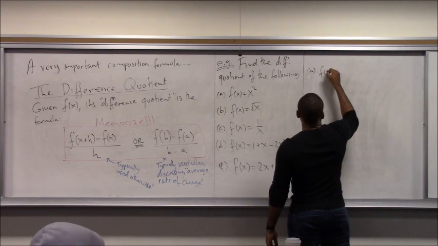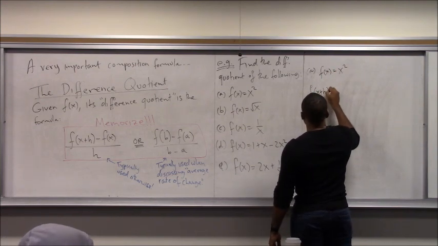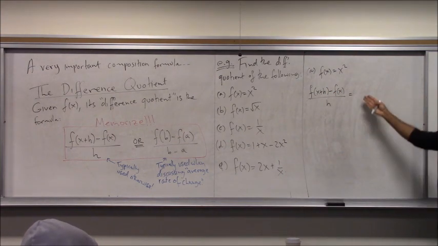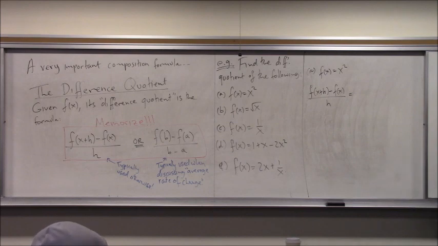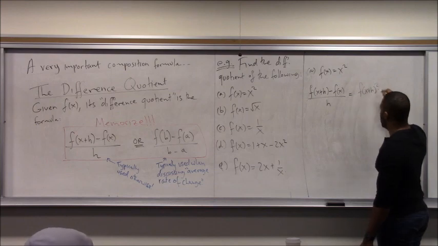so f of x equals x squared, what would the difference quotient look like here? Let's say I'm computing this one. What would that look like? How would that look? f of x plus h squared minus f of x plus h squared.